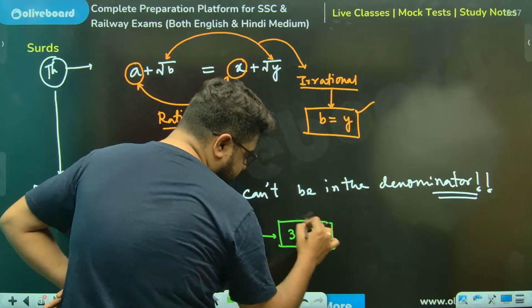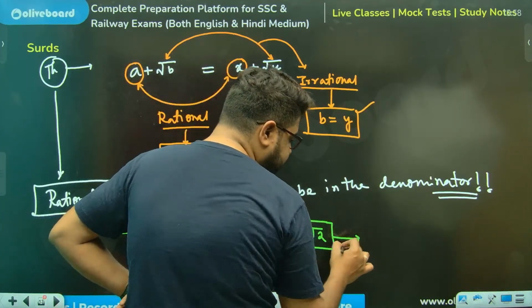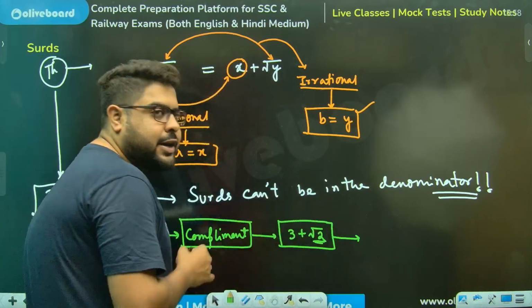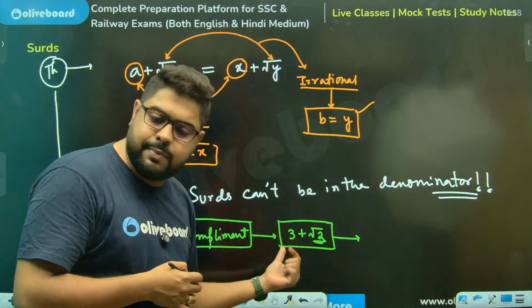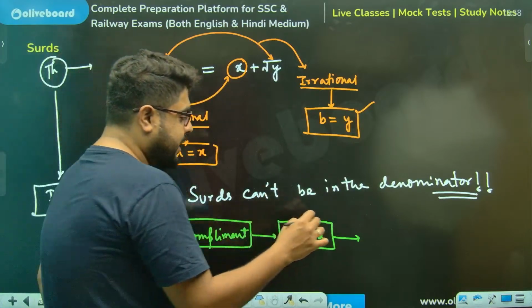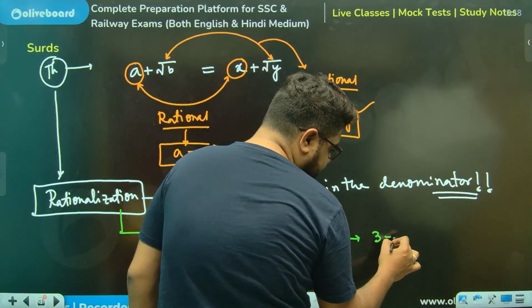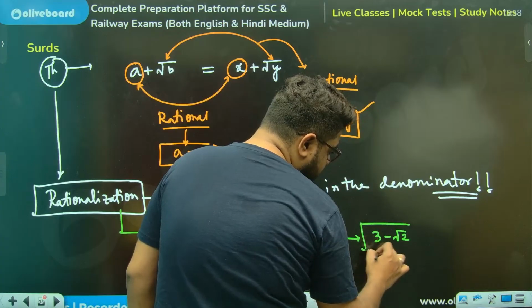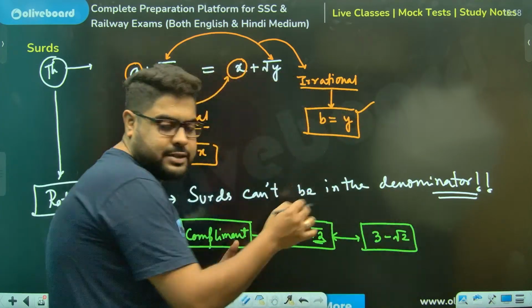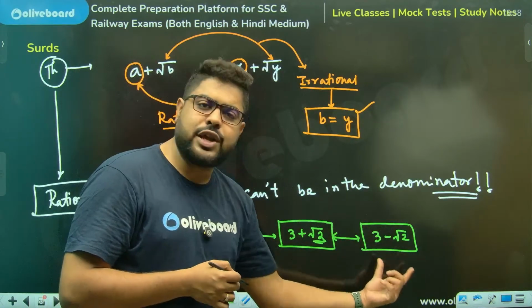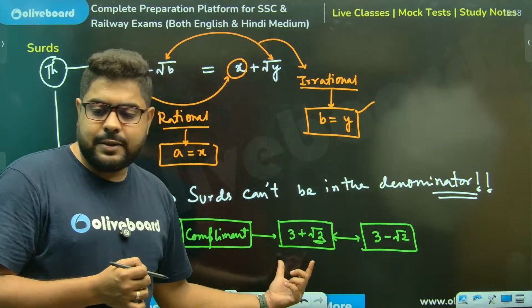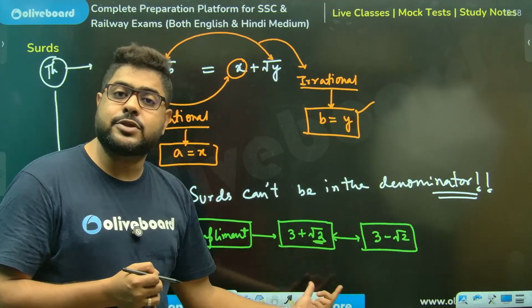The complement of this will always be, this is the irrational part, change the sign before the irrational part. So it will be 3 minus root 2. Now again, these are vice versa. If the value of the surd was 3 minus root 2, change the sign, so multiply with 3 plus root 2.